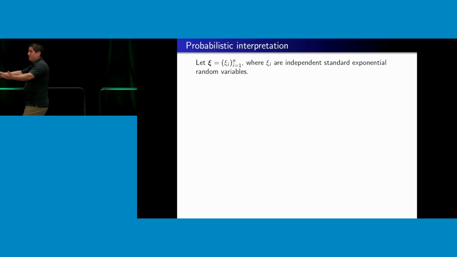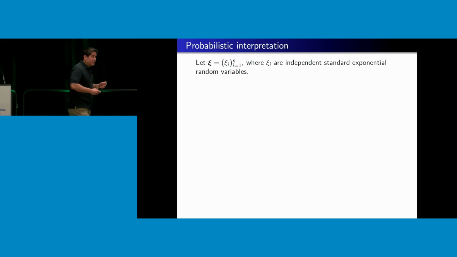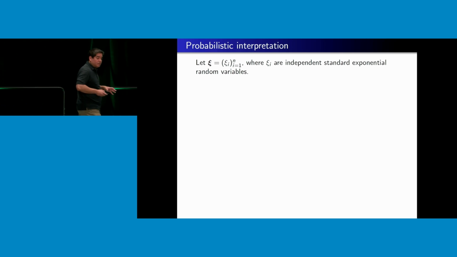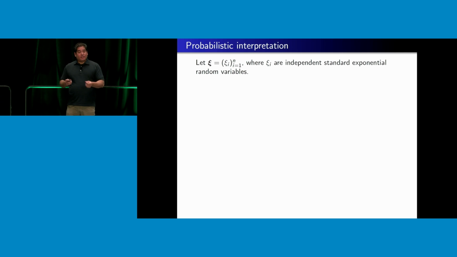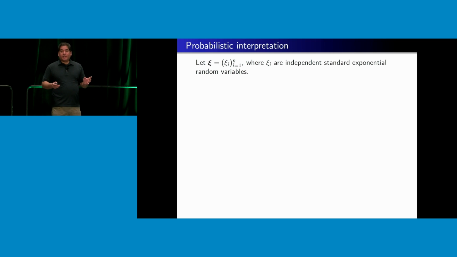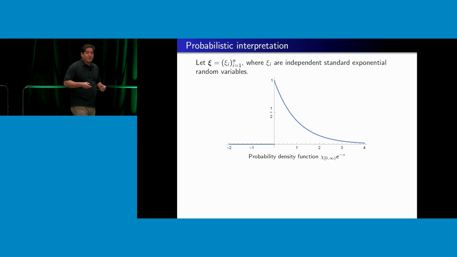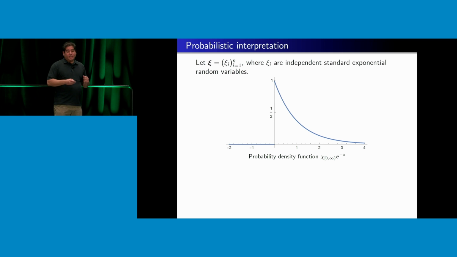Now, I want to get back to a different probabilistic interpretation of what I was talking about earlier. We'll have a vector xi, where the entries are independent, standard exponential random variables. A lot of words there. What it basically means is the entries of my vector are random. Random in what sense? They're governed by this probability density.